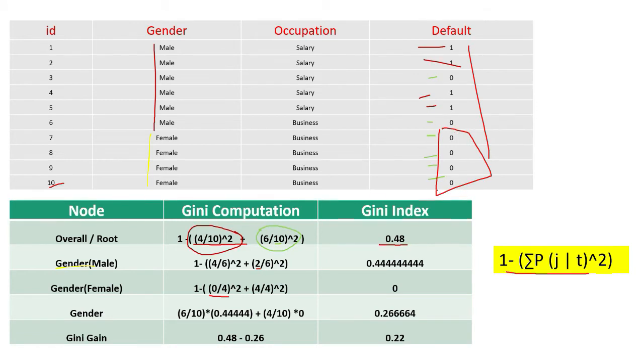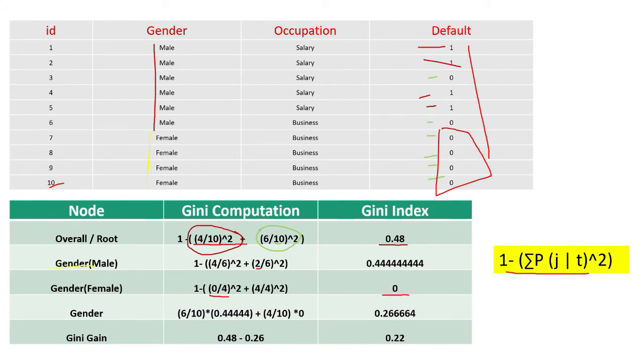Out of the females who have not defaulted, out of 4, none of these have defaulted. So we have 4 divided by 4, so we have 4 females and none of those have defaulted. The probability of 0 is 4 divided by 4 square, and then we subtract it from 1. So 1 minus (0 divided by 4) square plus (4 divided by 4) square. If you solve it, you will find that the Gini index is 0.